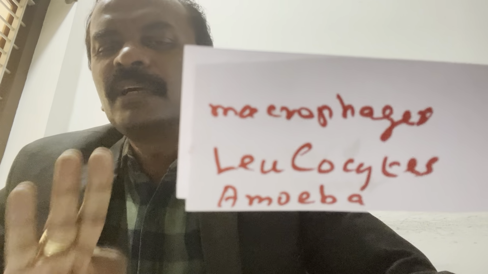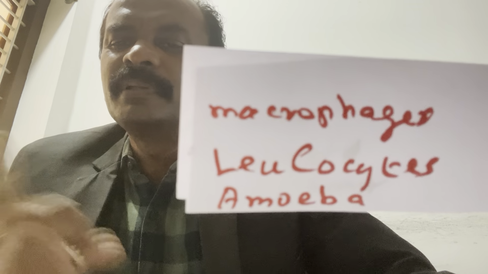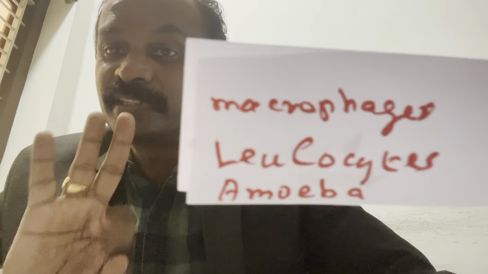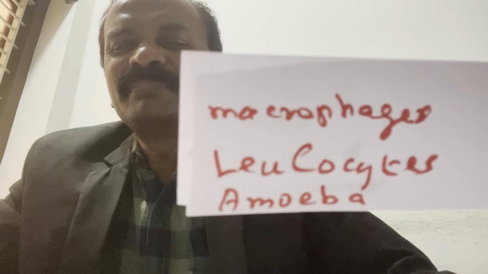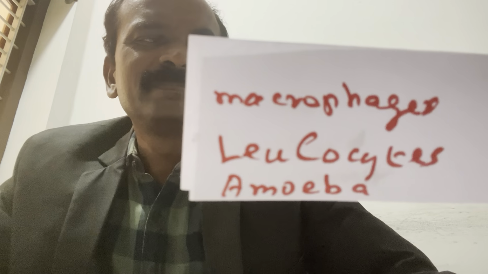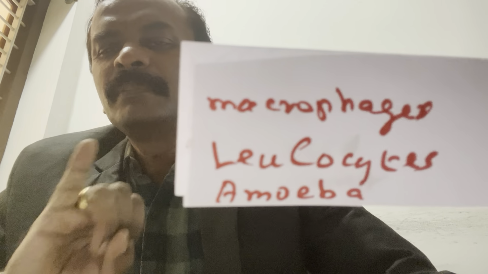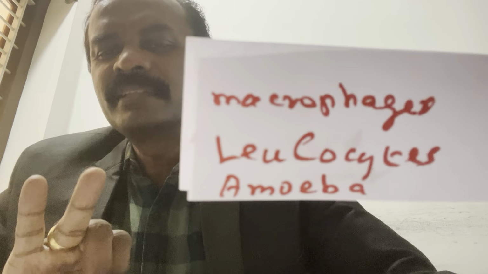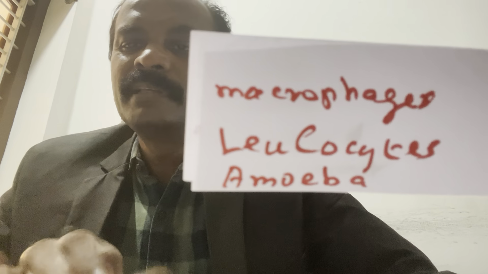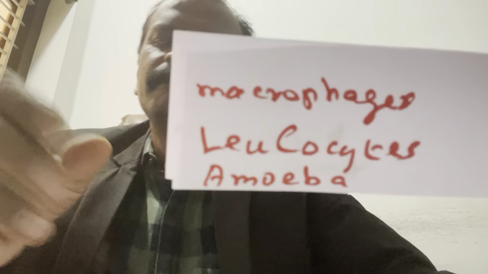How does leukocyte move? Amoeboid movement. How does amoeba move? Amoeboid movement. So three MCQs are in front of you, and for the fourth MCQ they will give some other thing which is the wrong statement. Macrophage, amoeboid movement. Leukocyte, amoeboid movement. Amoeba, amoeboid movement. I have taught you so superbly.